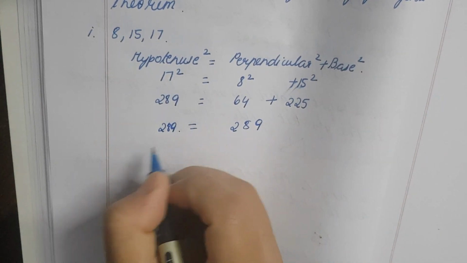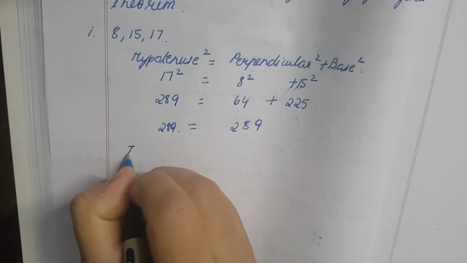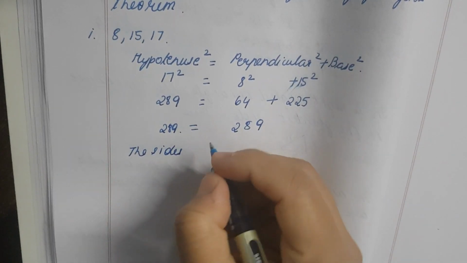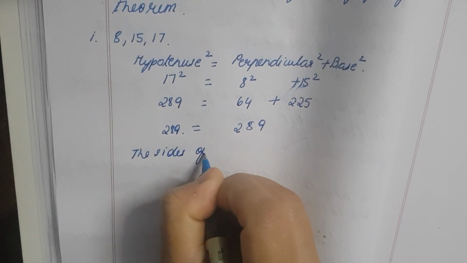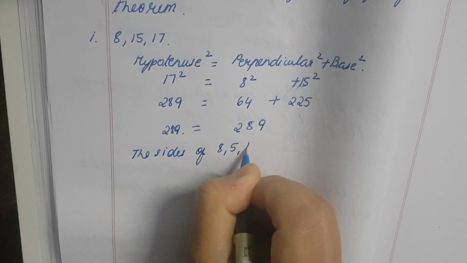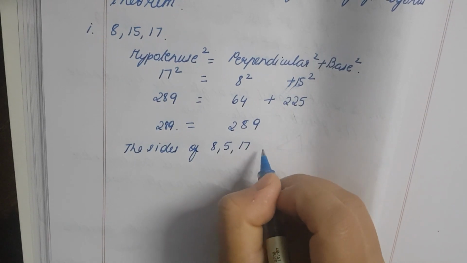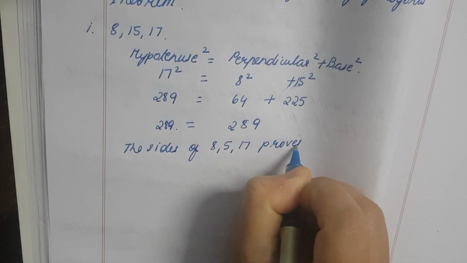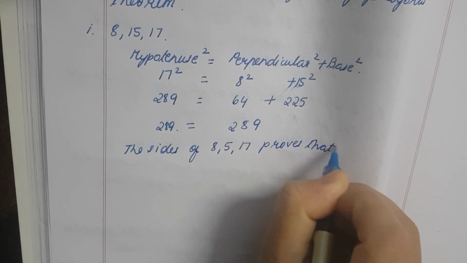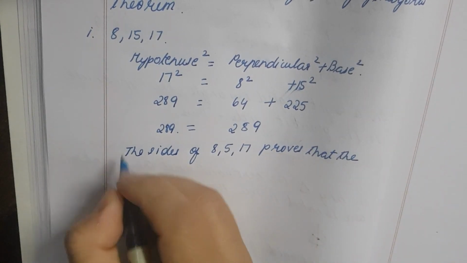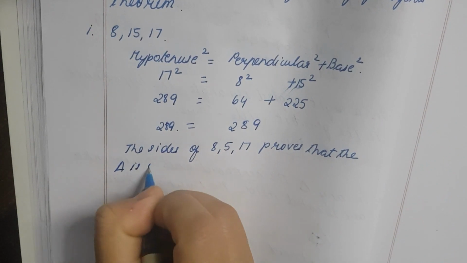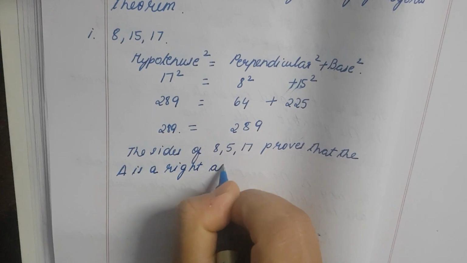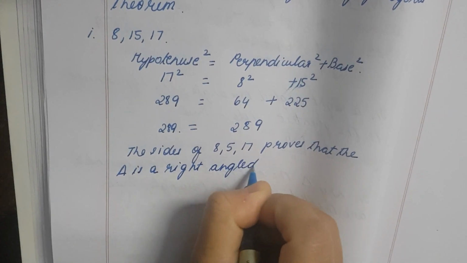So how can we write this? The sides 8, 15, 17 prove that the triangle is a right angled triangle.